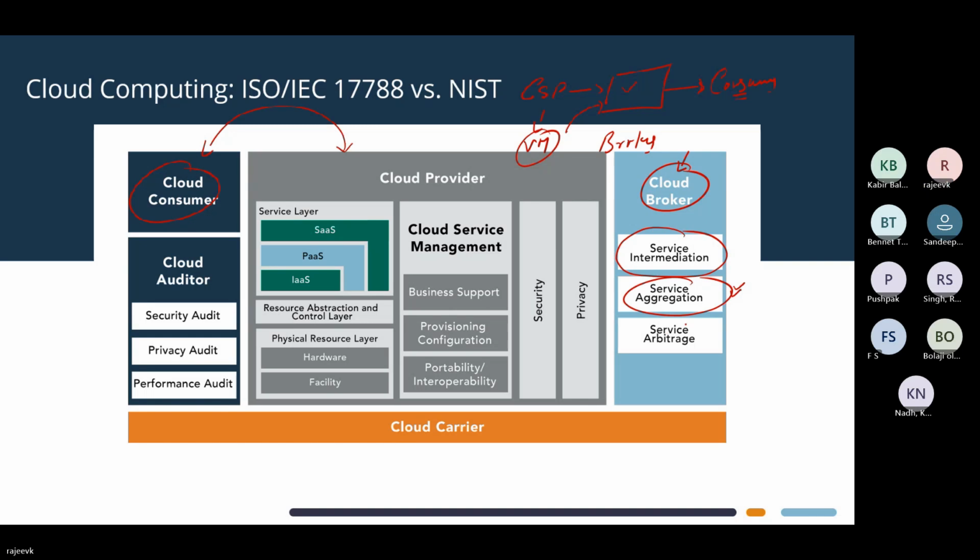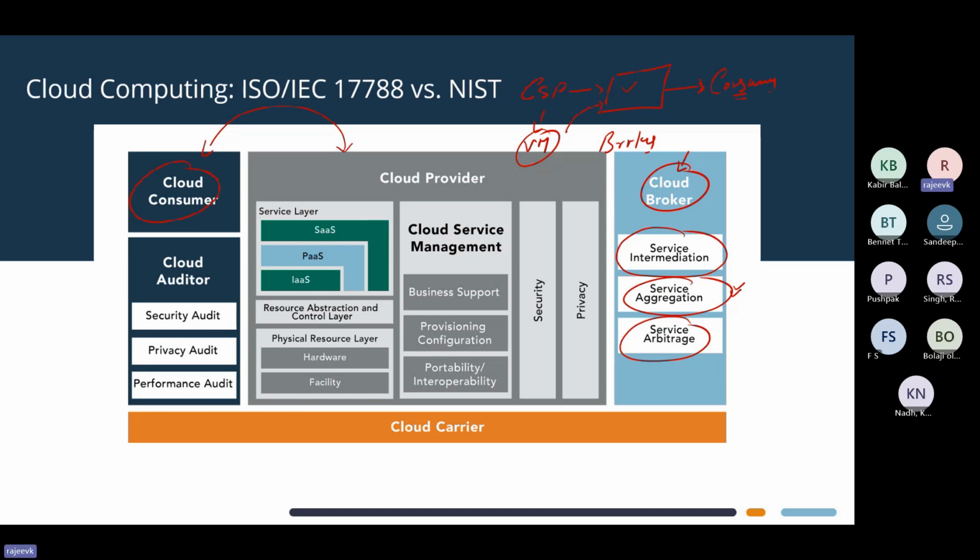Now the advanced form of aggregation is service arbitrage. Most of the time, consumers purchase services from multiple vendors, following a multi-vendor solution. For example, for storage you may rely on AWS, where one of the object services is called S3.